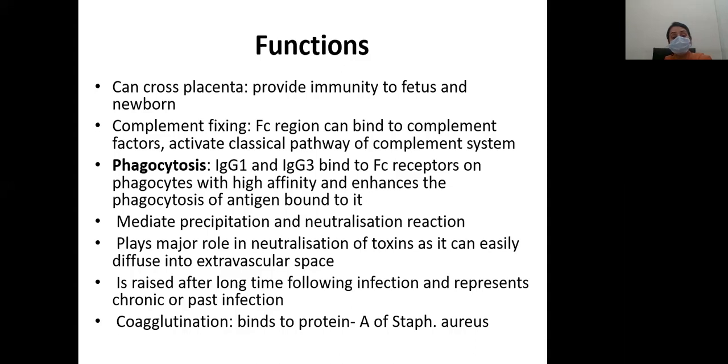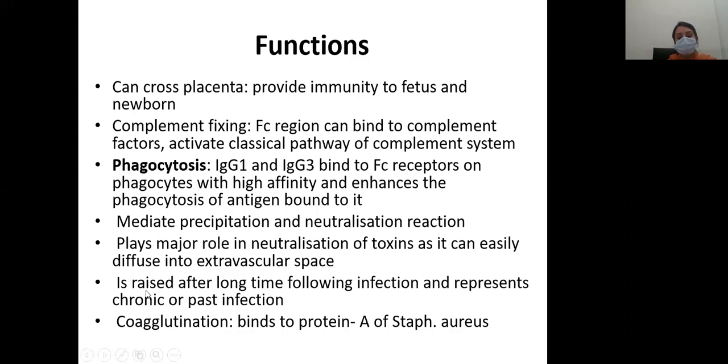And it also plays a major role in neutralization of toxins, and it can easily diffuse into extravascular space. And it is also raised after a long time following infection, and it represents chronic or past infection. So always this point is very important.